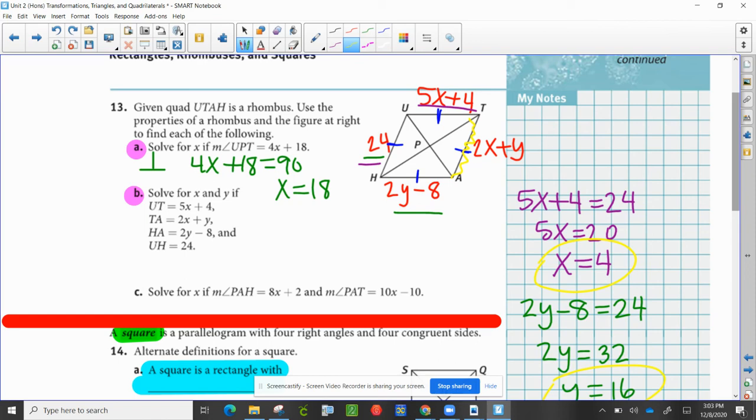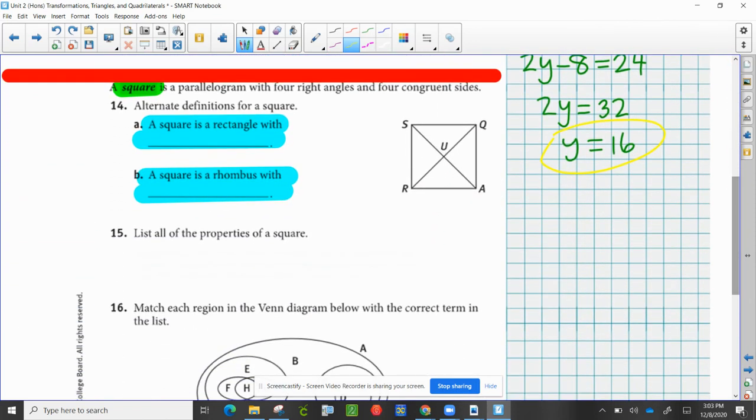All right, the last shape we have to cover today is the square. And we are probably already familiar with a square. But a square is a rectangle. So it fits under the rectangle category, it just has 4 congruent sides. All sides on a square are the same, similar to a rhombus.